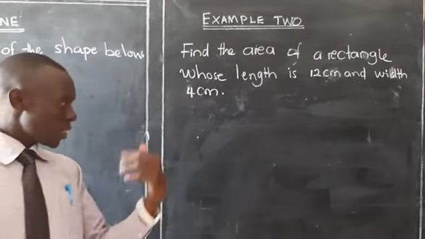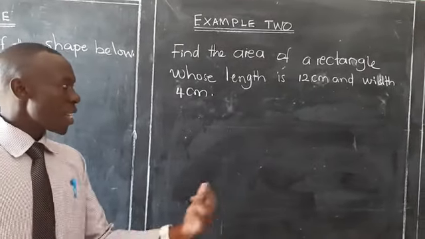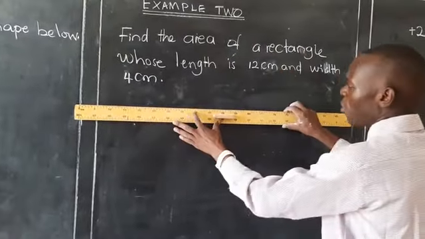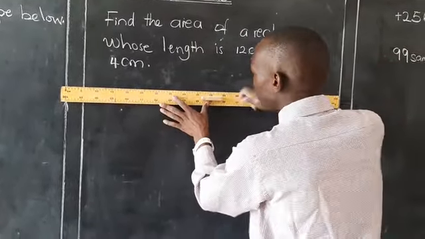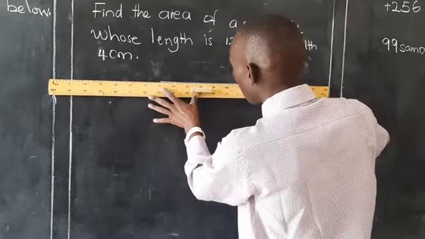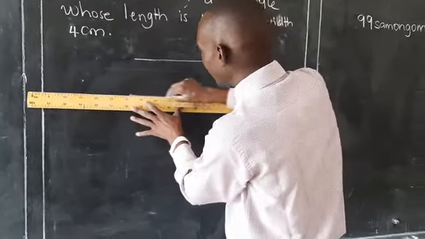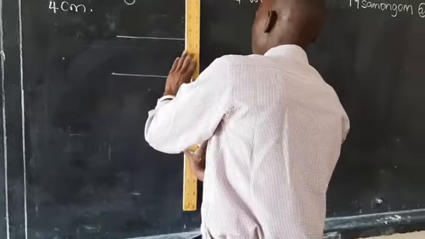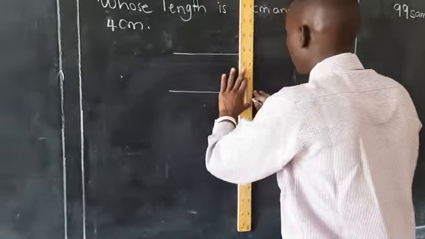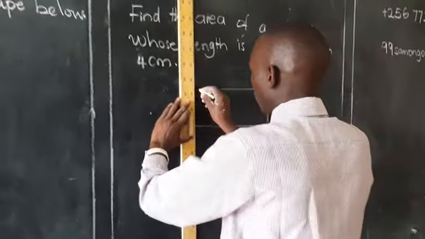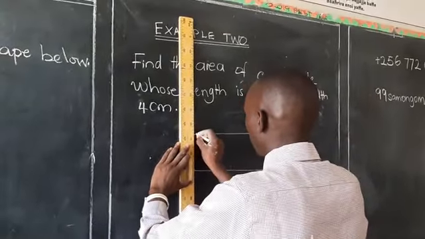We can interpret the question and bring the rectangle closer to us by drawing it. They are not drawing it for us, but we draw it ourselves so that the question can be easily interpreted. They say a rectangle, you can just draw something small to interpret the question.